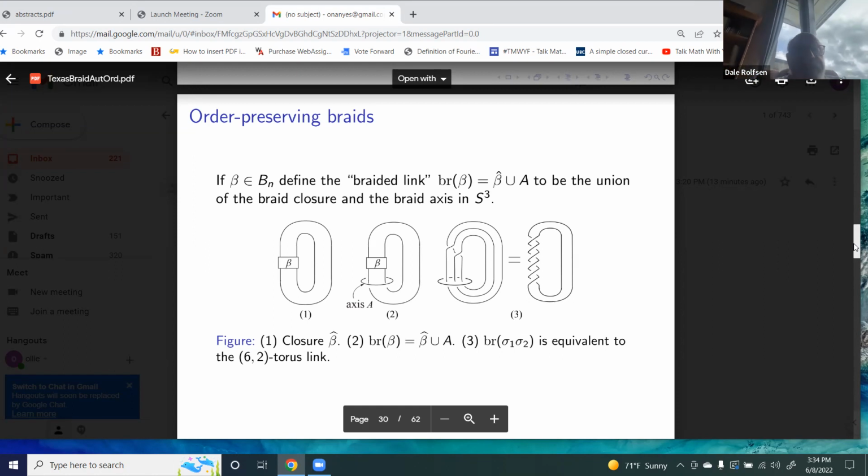So the theorem is that a braid is order preserving if and only if the braided link has biorderable fundamental group of its complement.